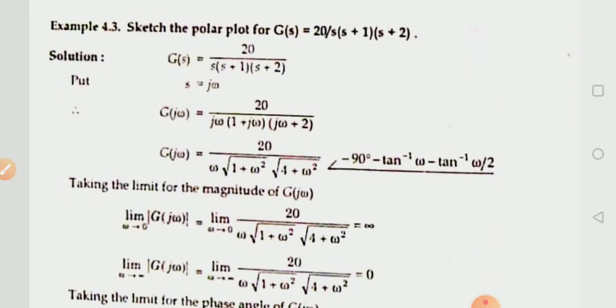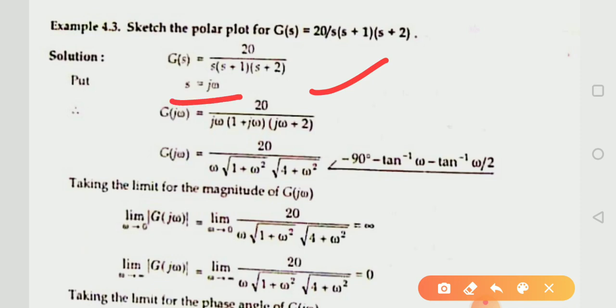Now the next equation is G(s) equal to 20 over s into (s plus 1) into (s plus 2). At the first step we put s equal to j omega. So when we put j omega in place of s, the equation becomes 20 over j omega into (1 plus j omega) into (j omega plus 2).